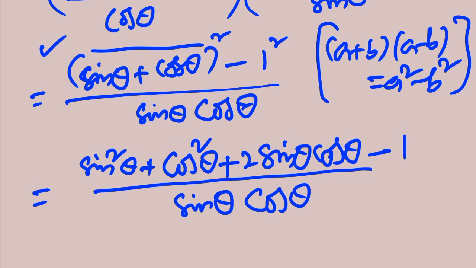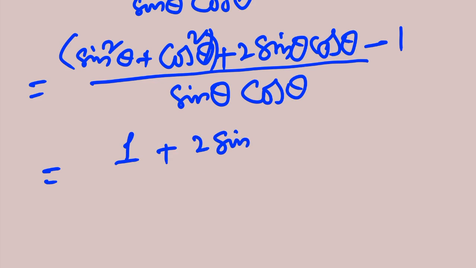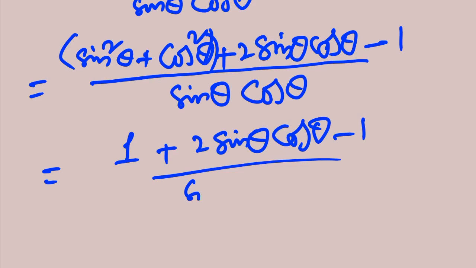And here I can use an identity, that is sine square plus cos square equal to 1: sine square theta plus cos square theta equal to 1, plus 2 sine theta cos theta minus 1, by sine theta cos theta.